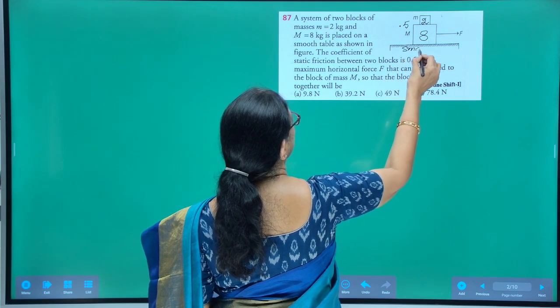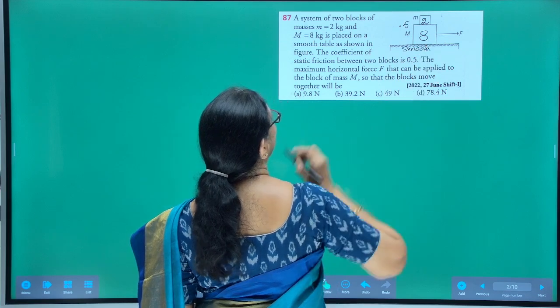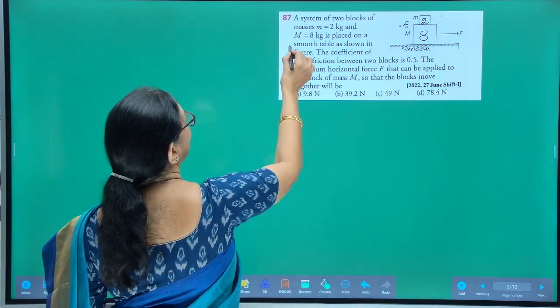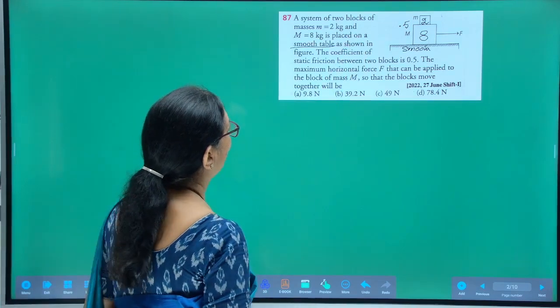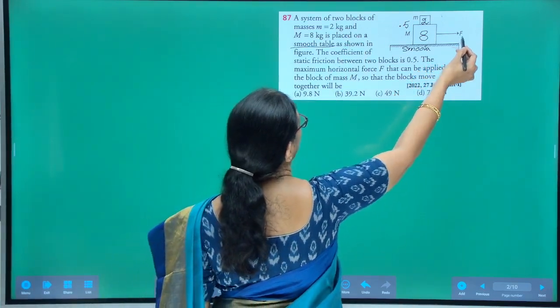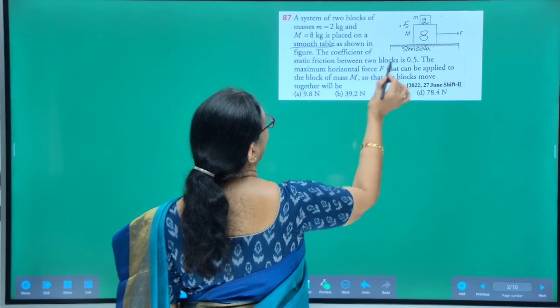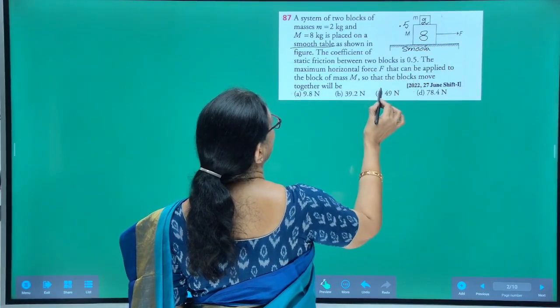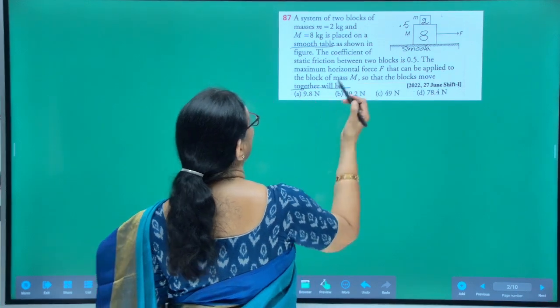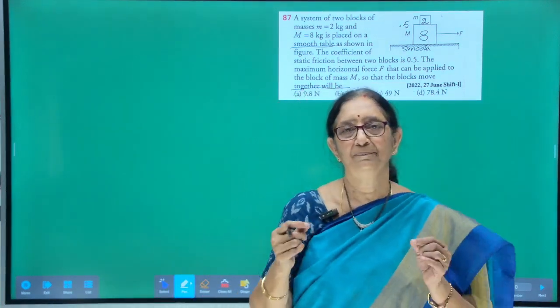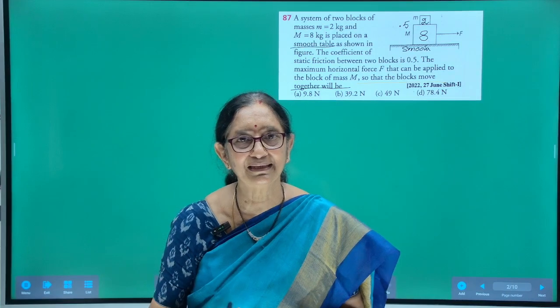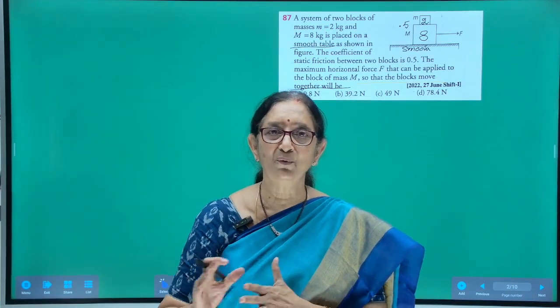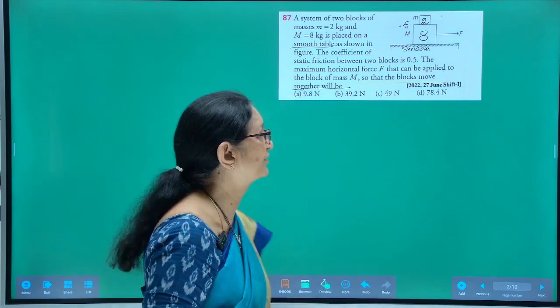The surface on which that 8 kg block is placed is a smooth table, right? Find the maximum horizontal force that can be applied on this block so that the blocks move together. Blocks move together implies they are moving with the same acceleration.